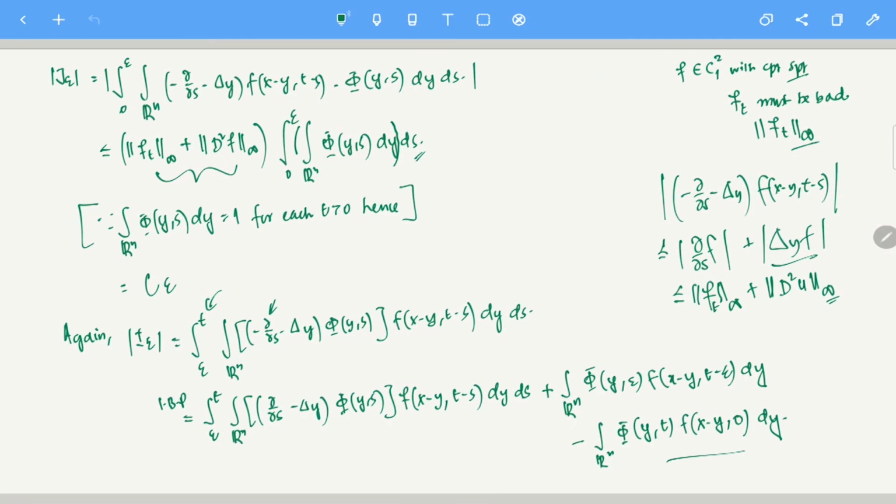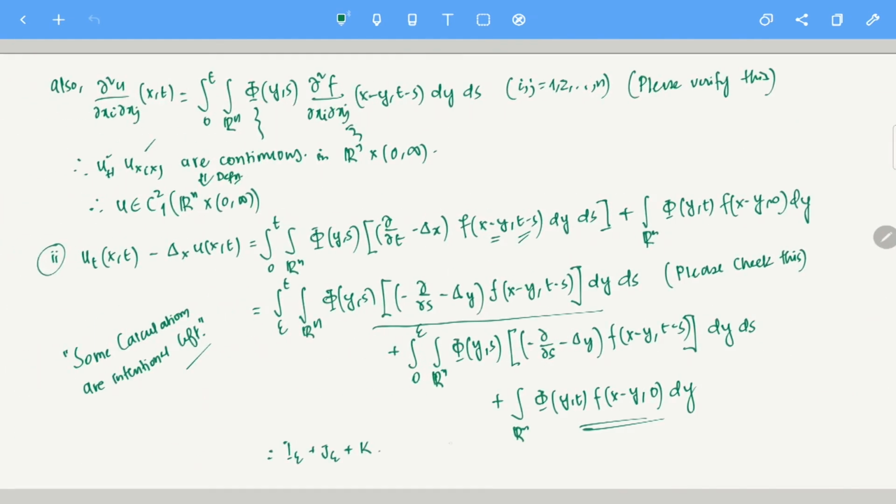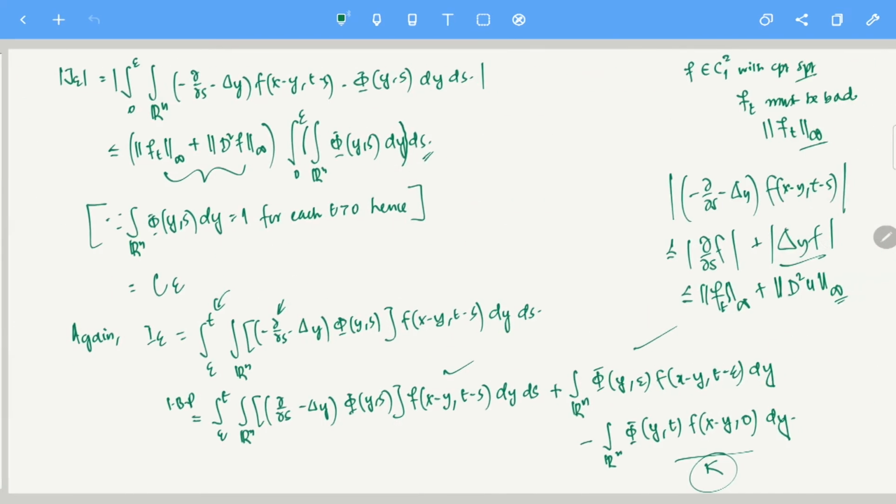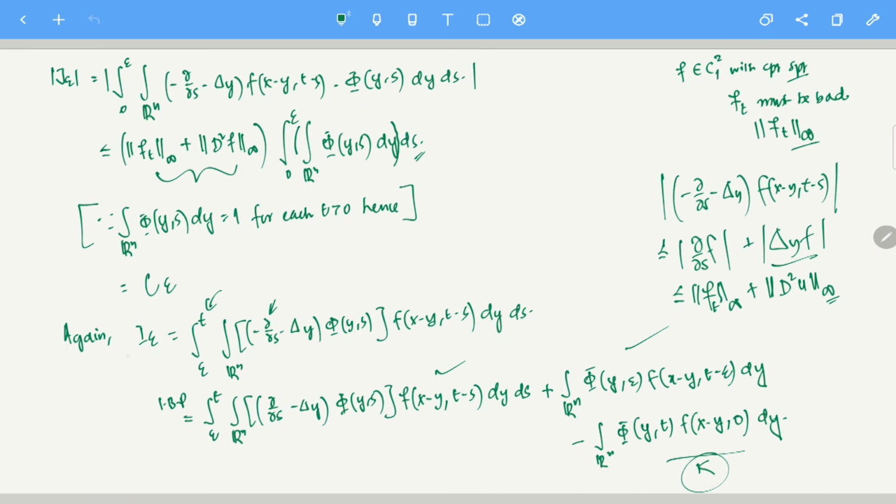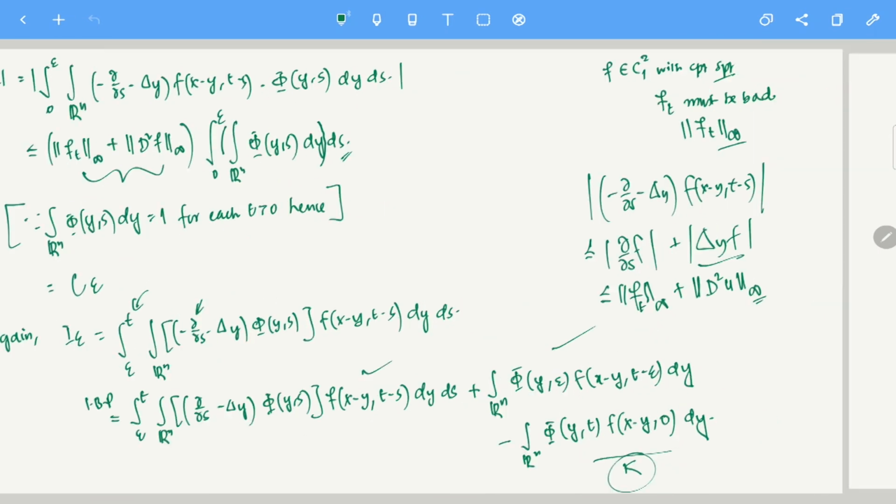So I epsilon, without taking the modulus, is equal to this, which by integration by parts is this. So I epsilon plus k is essentially this part plus this part, because k is integral over Rn phi of y, t, f of x minus y, 0, dy. So I epsilon plus k should be these two terms, right?